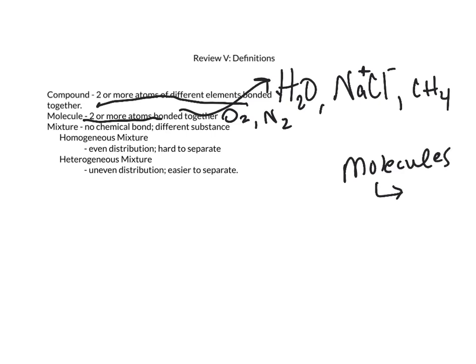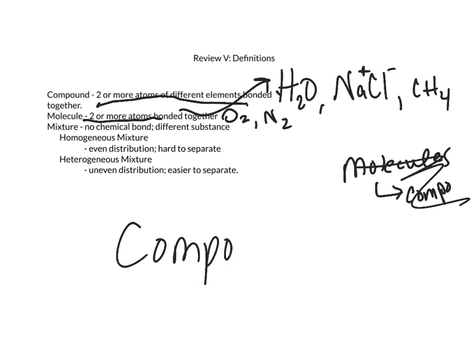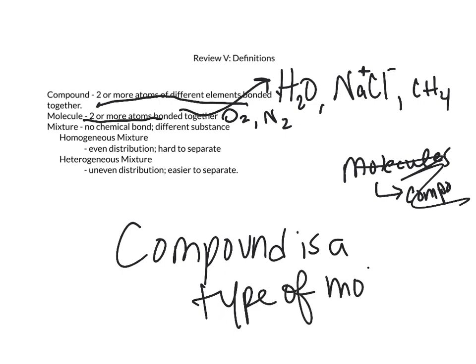A compound is a special type of molecule. So compound is a type of molecule. Let me write that bigger somewhere over here. Compound is a type of molecule. Okay? So compound is a type of molecule.